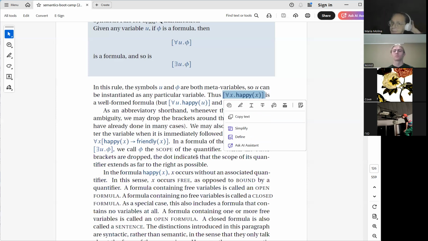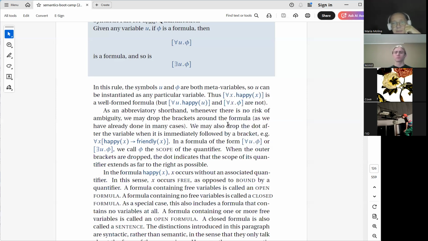This is a formula. And actually this stands for all happy x's. Or all happy people would be written like that. Or if we are taking the set of sailors, all happy sailors.